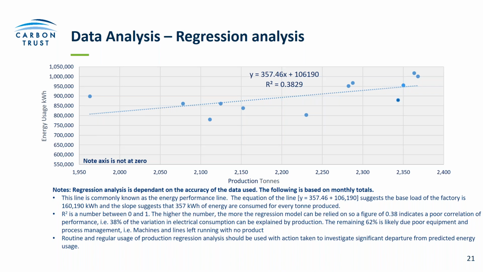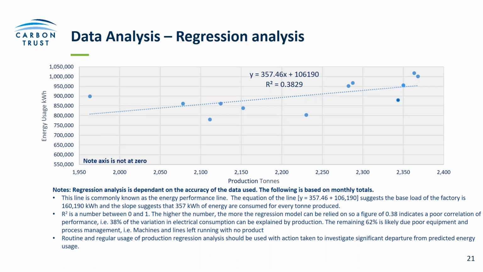You have the base load of the site, which is 106,190, so that's what the site's going to consume regardless of whether it's manufacturing anything or not, and it gives you a unit of electricity consumption for every unit of production. So in effect, it gives you an equation that will predict the site energy consumption based on a level of production.